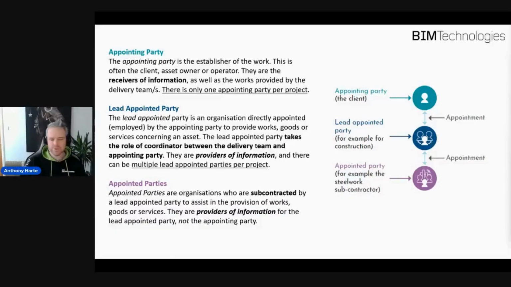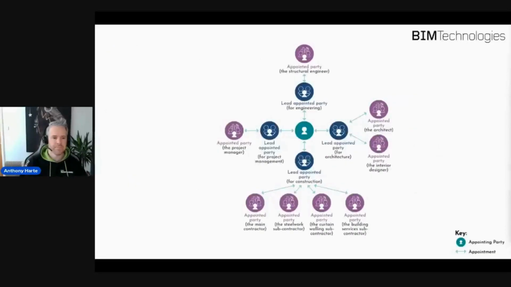You may have a construction company as a lead appointed party or a contractor, and then the subcontractor of the steelwork framework would be appointed by those to produce the fabrication information. And that could be said for many different parties within how a construction company operates.